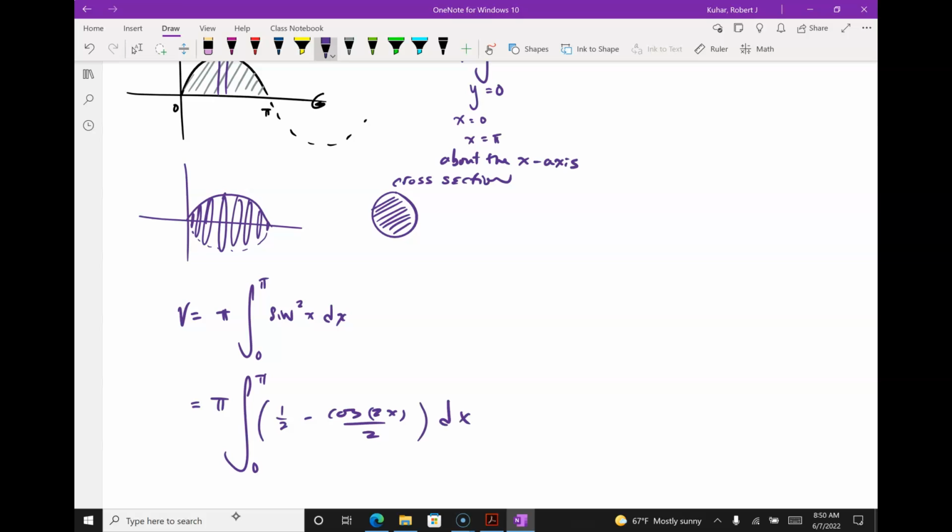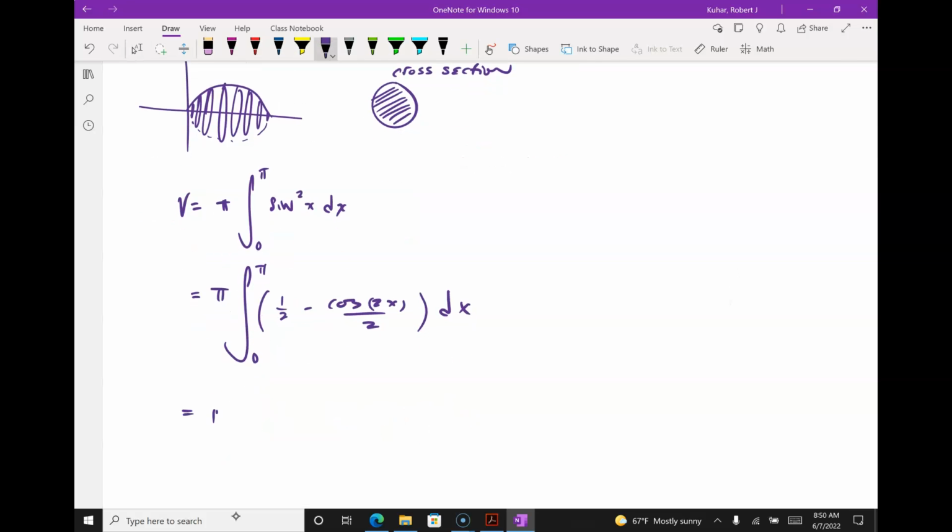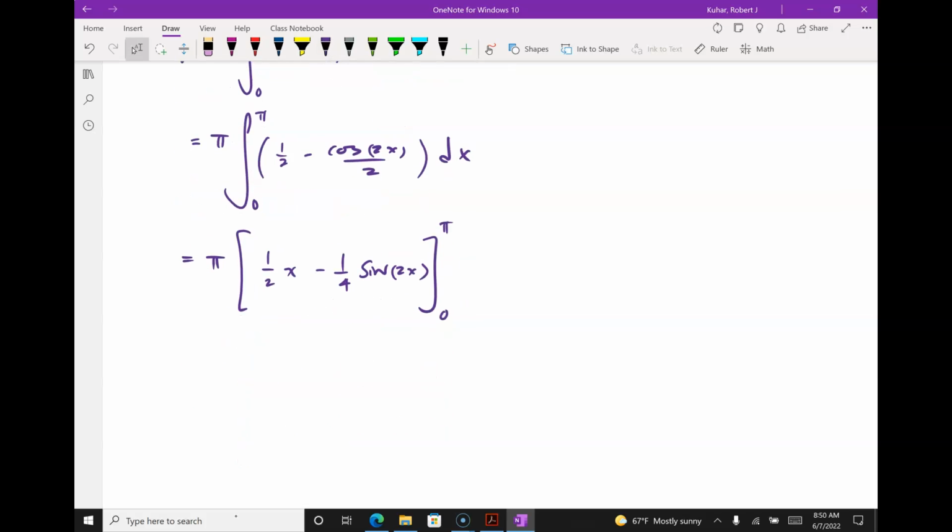So there's the power reduction for sine squared. Will you double check me there on my integral of cosine?